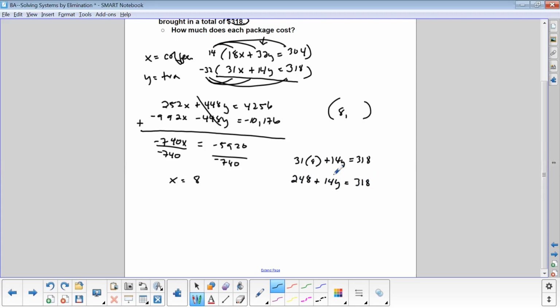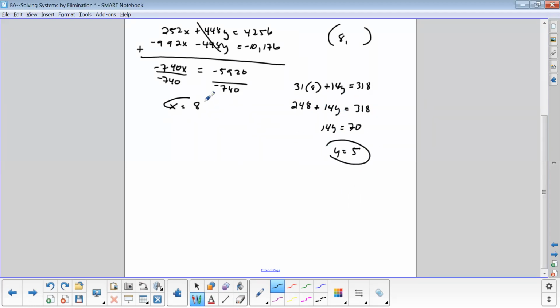So 318 minus 248 is 70. 14y equals 70. 70 divided by 14 would be 5.